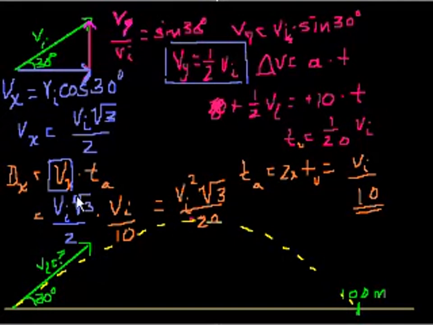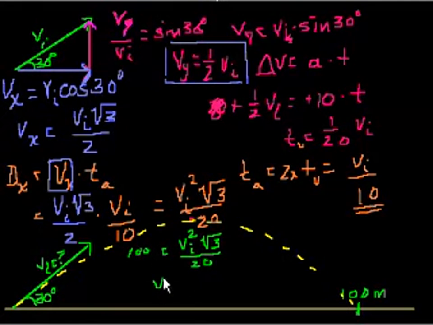to travel. Well, we know that we want it to travel exactly 100 meters. So we just set them equal to each other. We say 100 is equal to Vi squared times the square root of 3 over 20. And then we can multiply both sides by the inverse of this, right? We can multiply both sides by 20 and divide by the square root of 3.